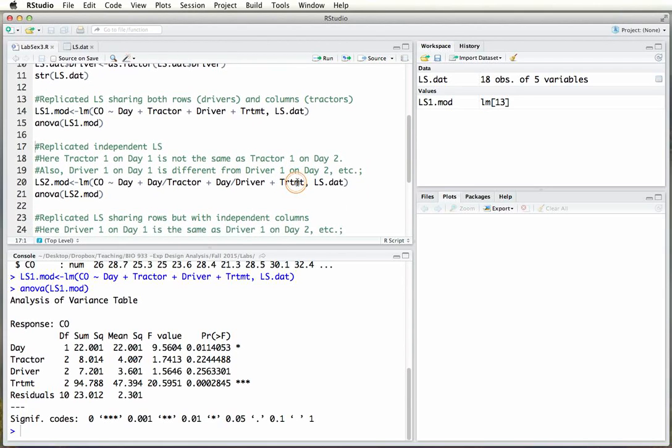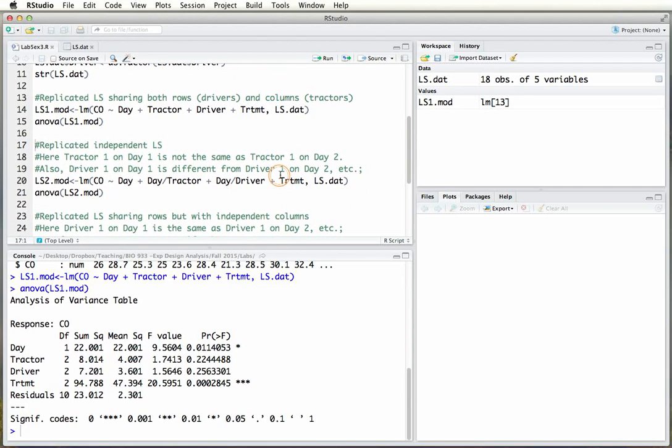Another possible way of replicating a Latin square is where drivers and tractors are not shared between the 2 days. In other words, the 3 drivers on day 1 are not the same 3 drivers on day 2, and the same with the tractors. In that particular case, you need to let R know that, and this is the syntax for that.